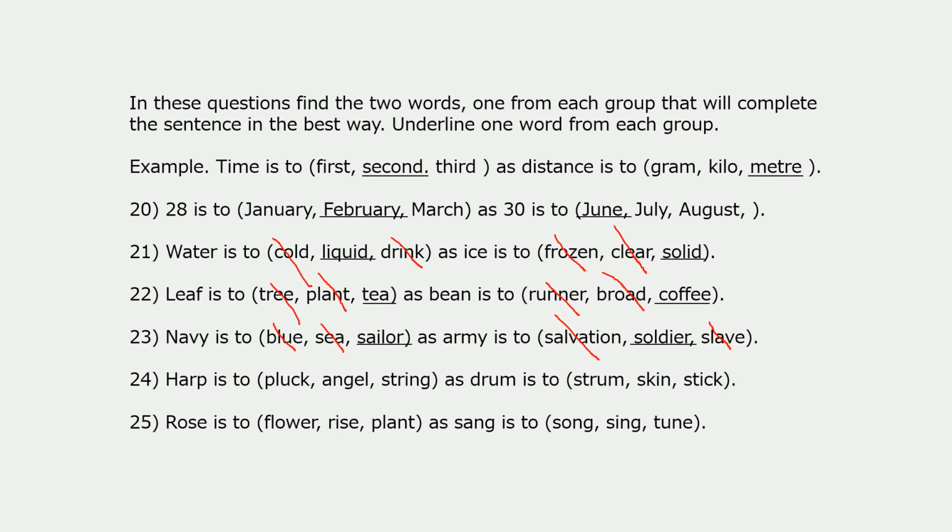Question 24. Harp is to either pluck, angel, or string, as drum is to strum, skin, or stick. Well, angel doesn't have any similarity to any of the three words in the drum bracket, so we can cross out angel.